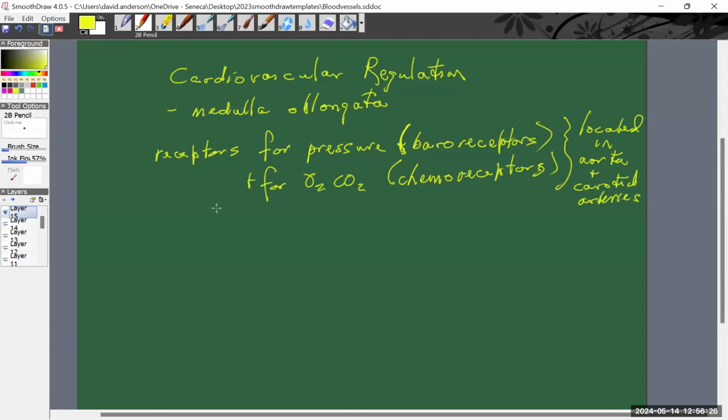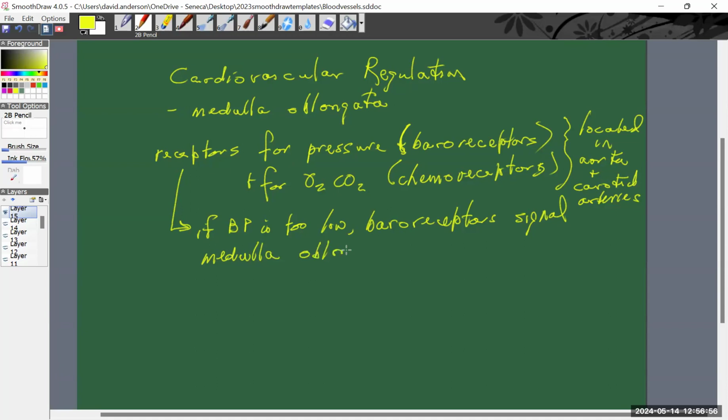So the baroreceptors, for example, if blood pressure is too low, then the baroreceptors signal neurons in the medulla oblongata to increase, for example, heart rate.